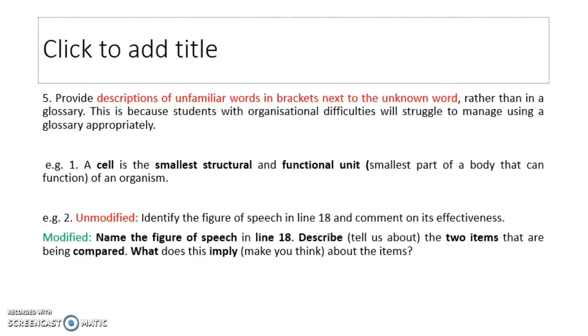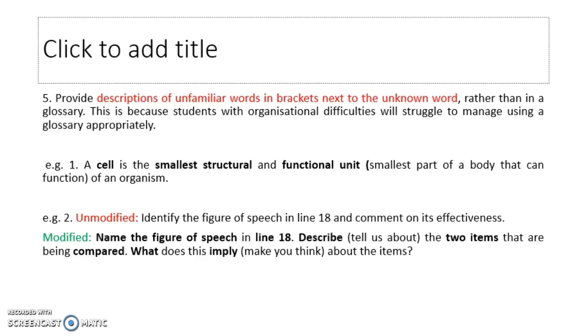Don't provide a glossary, because the use of a glossary at the bottom of a page requires organizational skills, and this might be difficult for your child with central auditory processing disorder or some kind of specific language impairment. So put the meaning of the unknown word in brackets right next to the word, and this goes the same for your question words, words like explain, discuss, annotate, describe.